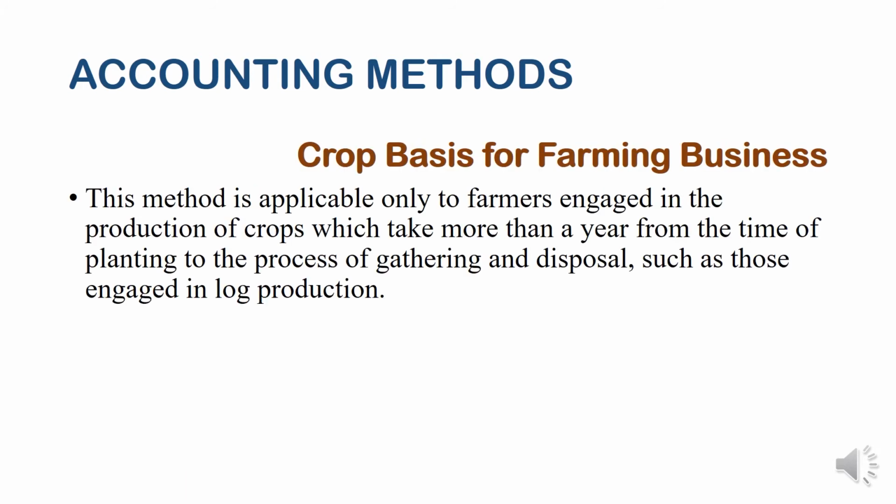The crop basis for farming business is applicable only to farmers engaged in the production of crops which take more than a year, from the time of planting to the process of gathering and disposal, such as those engaged in log or wood production.